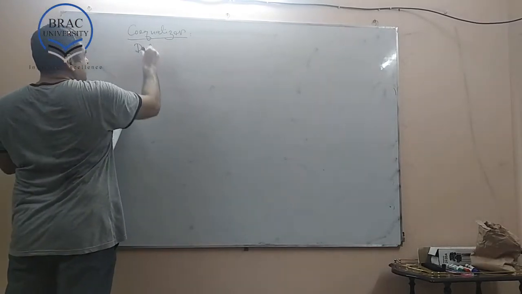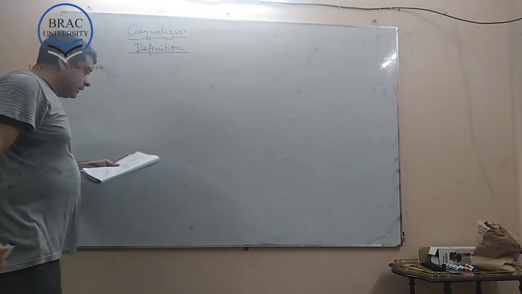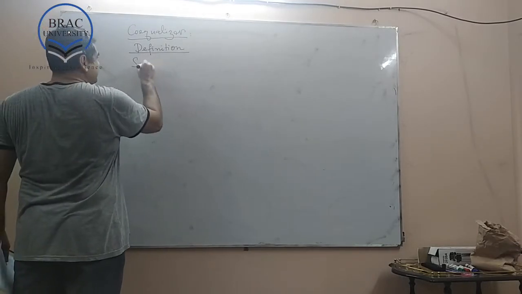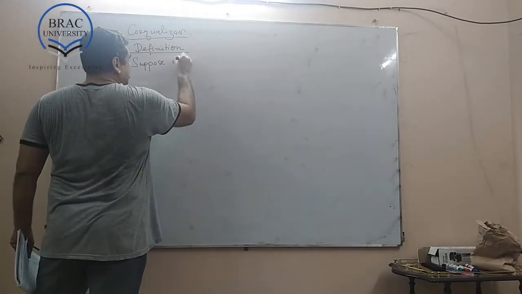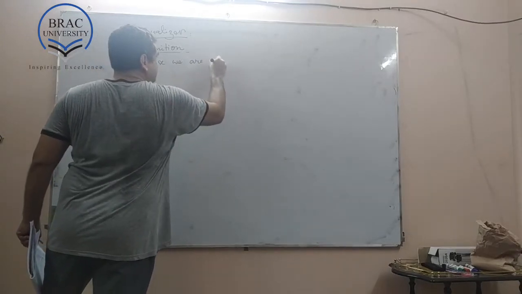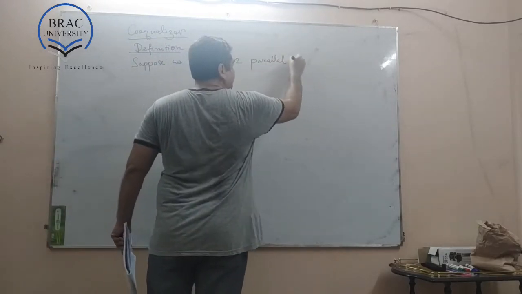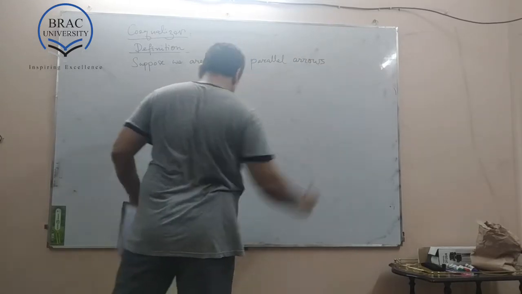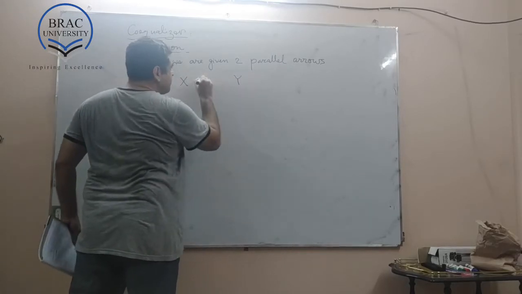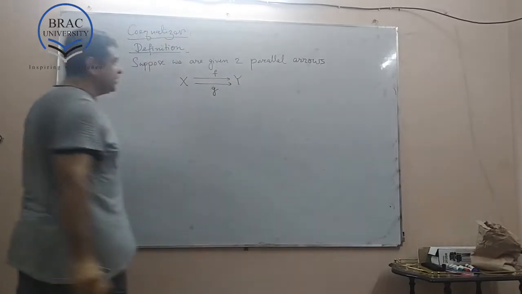So coequalizer, definition. Suppose we are given two parallel arrows between x and y. Okay, one is denoted by f, the other denoted by g.